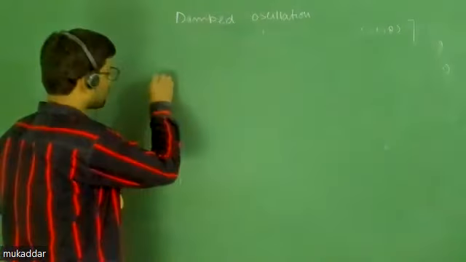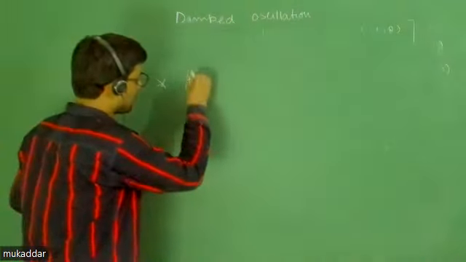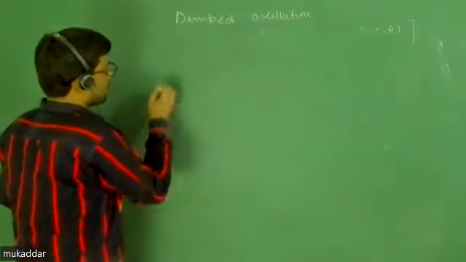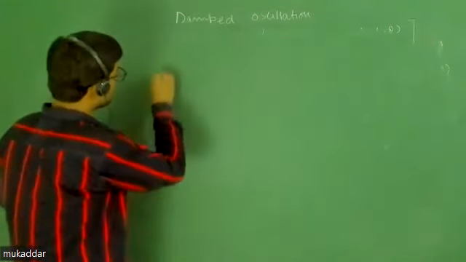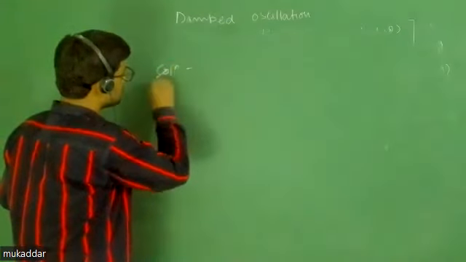A equal to A naught exponential minus, and A is replaced by A naught by 2. A naught gets cancelled.